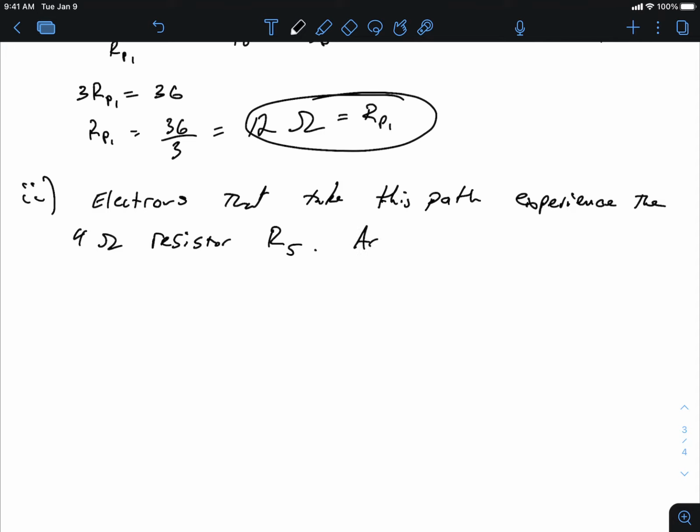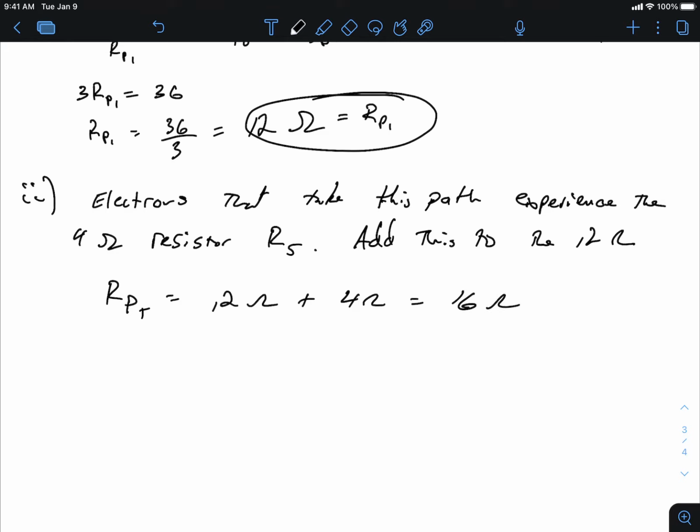And so we're going to add this to the 12 ohms we just found for the green-yellow portion. And so we're building this total resistance almost, right? RP total is going to be 12 ohms plus 4 ohms, which is going to be 16 ohms for RPT so far. Okay, any problems?